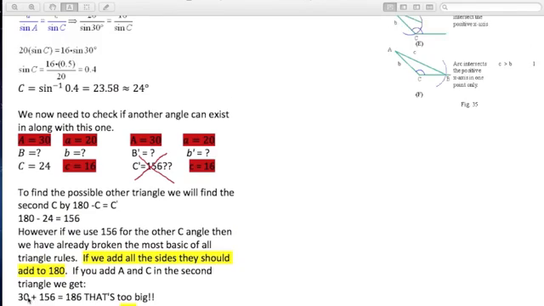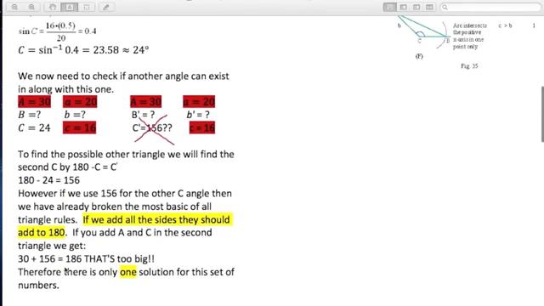We've added only two of the angles, and we got 186, and that's obviously way too big because it's more than 180, and I haven't even added in the third angle yet. So it's not possible. By that judgment, we can conclude that there is only one solution for this set of numbers. So this one will work out normal.